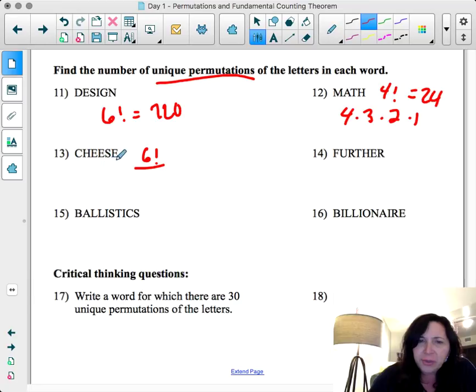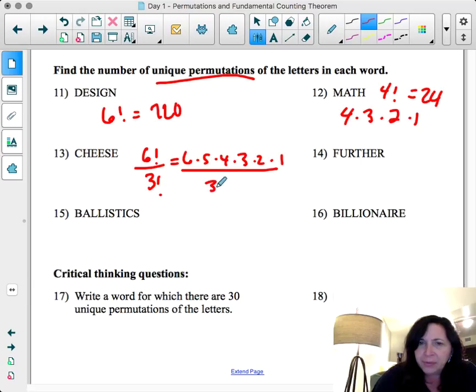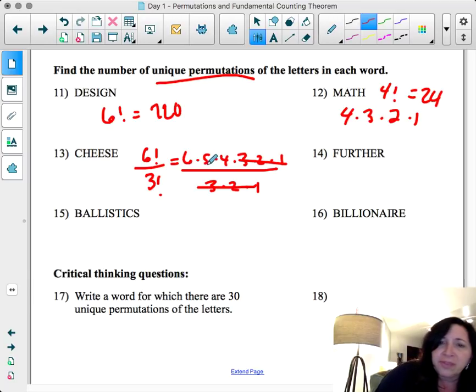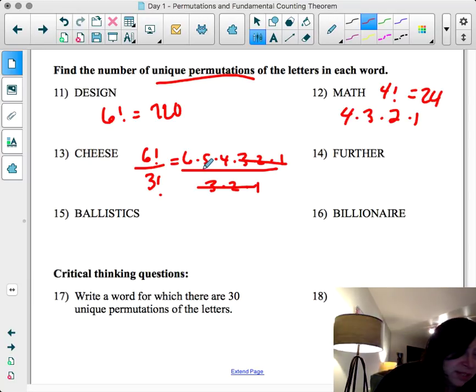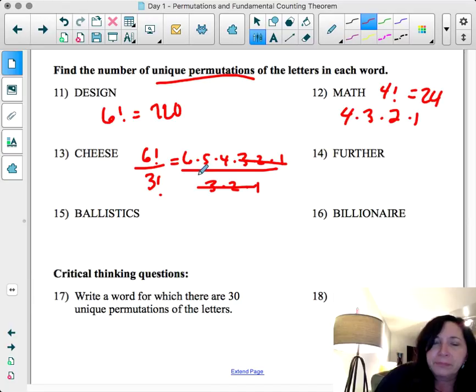I've got 1, 2, 3 E's. So I'm going to divide this out by 3 factorial. So I'm going to go 6 times 5 times 4 times 3 times 2 times 1 divided by 3 times 2 times 1. So these actually cancel out. And I'm just left with 6 times 5 times 4. So 6 times 5 times 4 is 120.